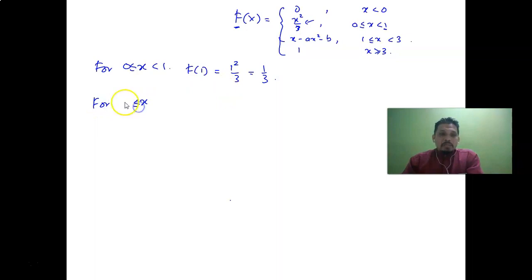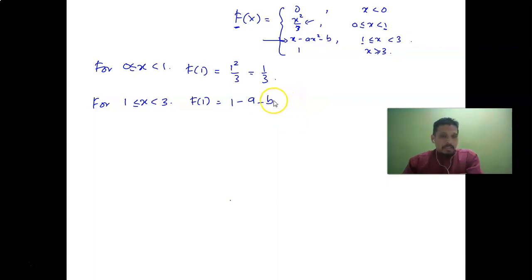For x between 1 and 3, we refer to this function, x minus a x squared minus b. Substitute with 1 first. F(1) equals 1 minus a times 1 squared, minus b.